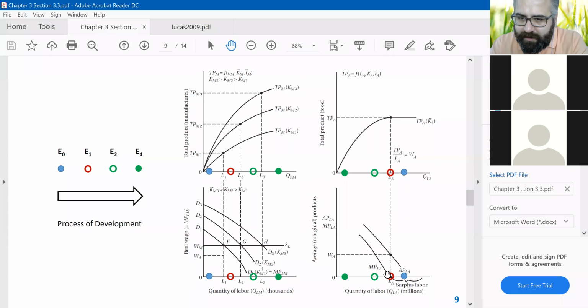So they could be still transferred from agriculture to manufacturing. So we arrive at the green circle. That process continues until when? Well, until there is an equilibrium.